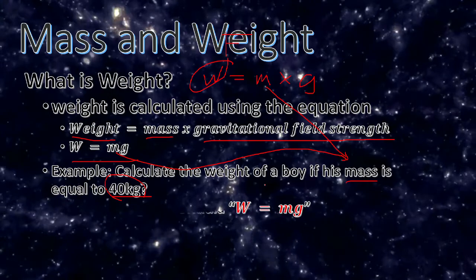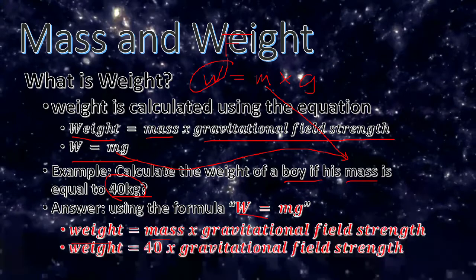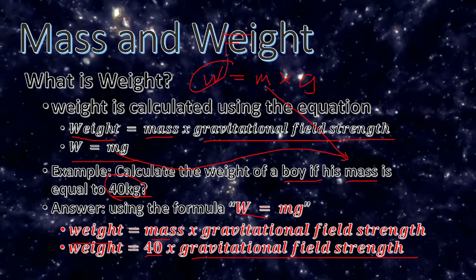Using the formula that we have, W equals m times g. Weight equals the mass of the boy times the gravitational field strength. Substituting the mass of the boy, weight equals 40 times the gravitational field strength.